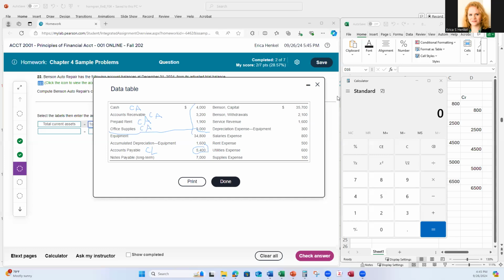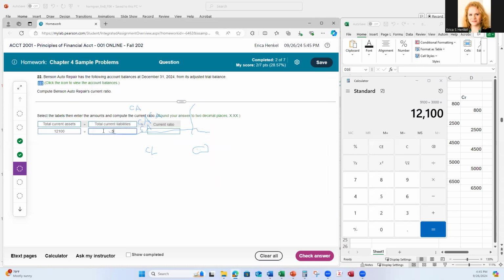So knowing that, I'm going to add these up. So 4,000, 3,200, 1,900, and 3,000. So 12,100 for total current assets. And then we just have the one current liability, so no math required for that.